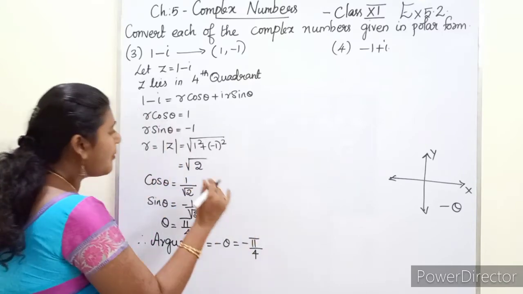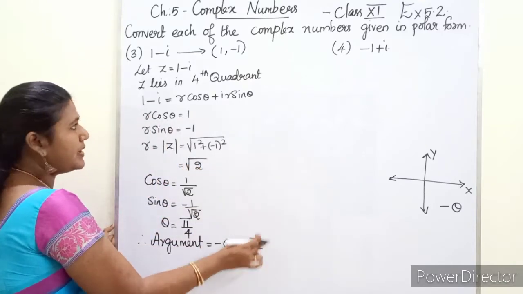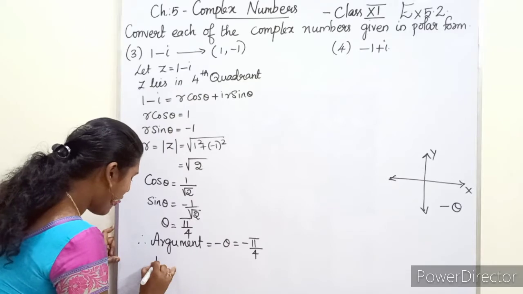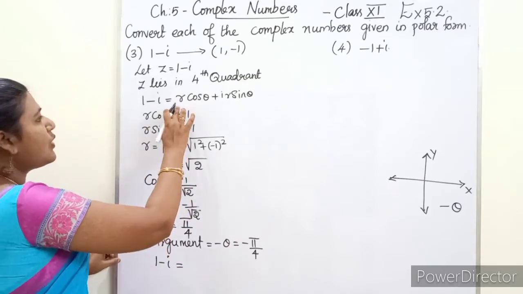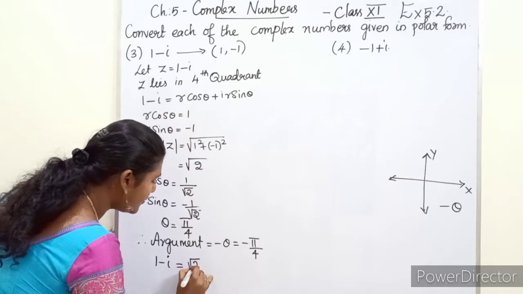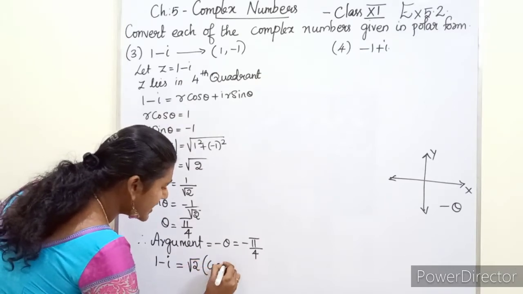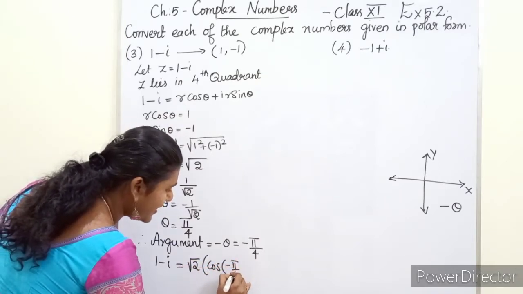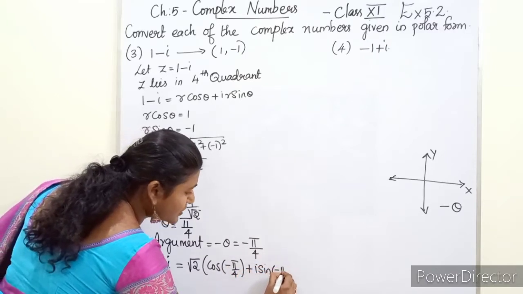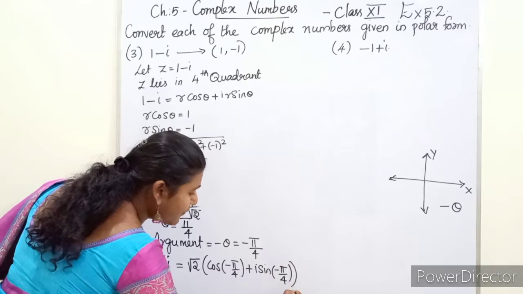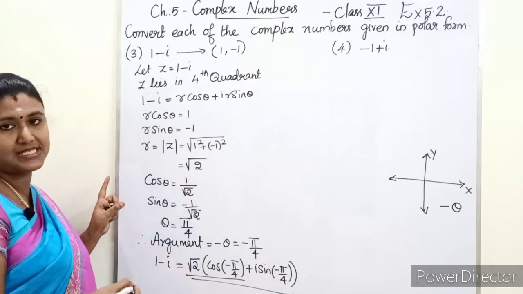So we got the modulus value and argument. Now we will express the complex number in polar form. 1 minus i is equal to r into cos theta plus i sin theta, that is root 2 into cos of minus pi by 4 plus i sin of minus pi by 4. So this is the polar form of the given complex number.